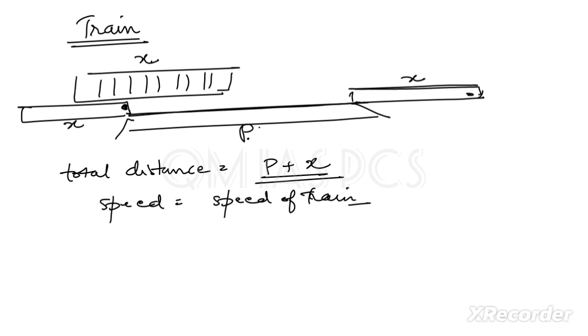I think we have to solve one question based on this, then it will be more clear. I am giving a simple question: a train crosses a tree, or you can say a person, in 10 seconds.